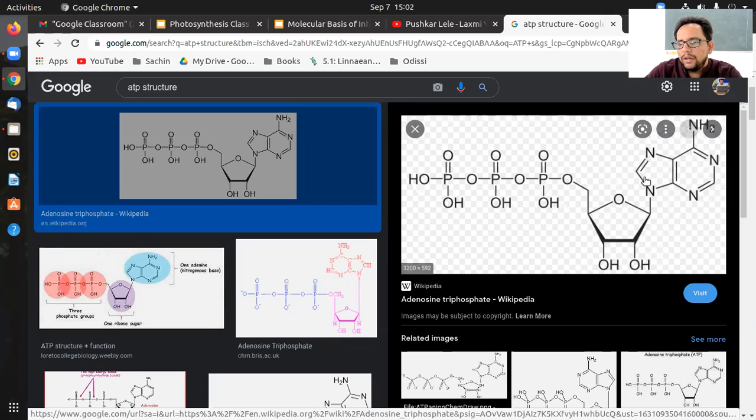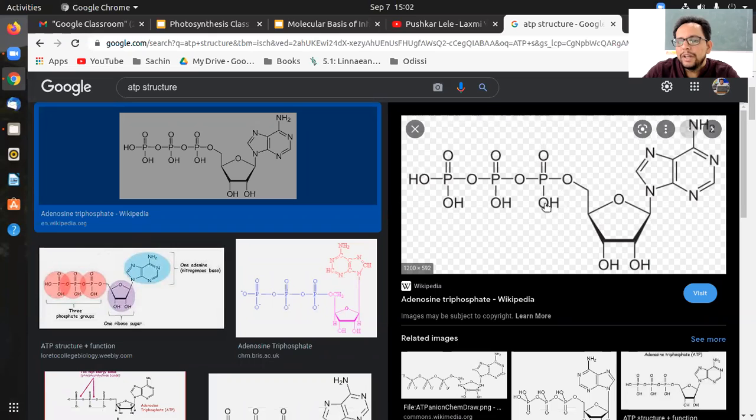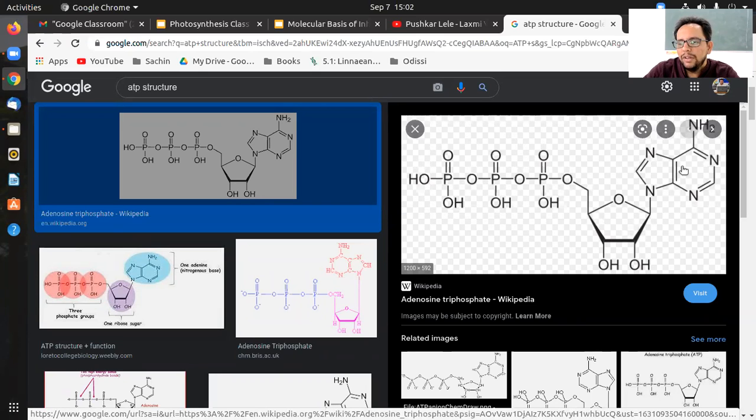So nitrogenous base with sugar with phosphate is your nucleotide that is present in your DNA. After addition of these two phosphate molecules, that is what becomes your ATP, adenosine triphosphate. Adenosine is this whole molecule, the adenine nitrogenous base along with the sugar, and then triphosphate. So that is this ATP.